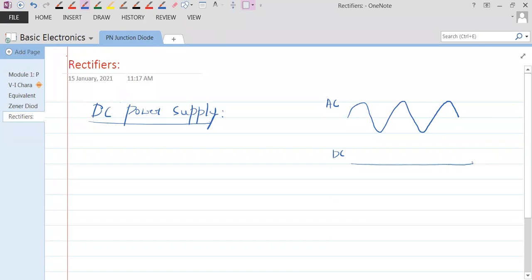The AC signal will keep varying with respect to time. If this is 0, the signal will keep crossing 0 at equal intervals of time. It has got the positive cycle, this is called as positive cycle of AC signal, and this is called as negative cycle of AC signal.